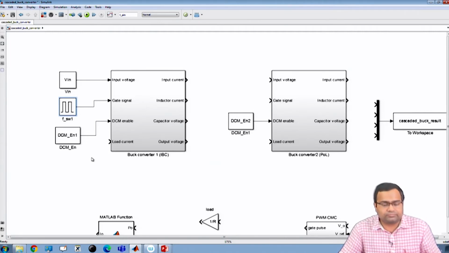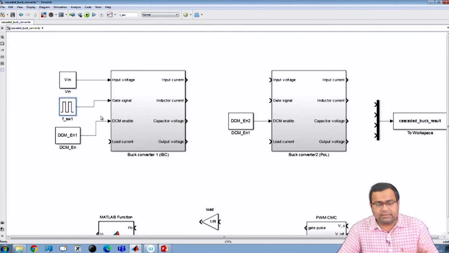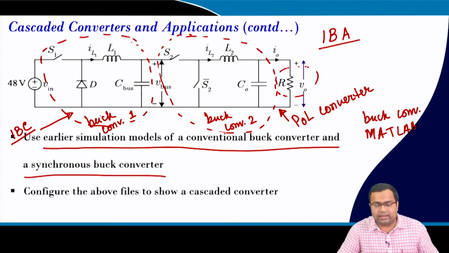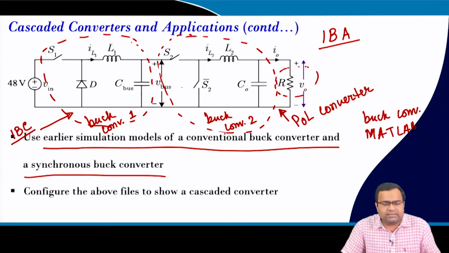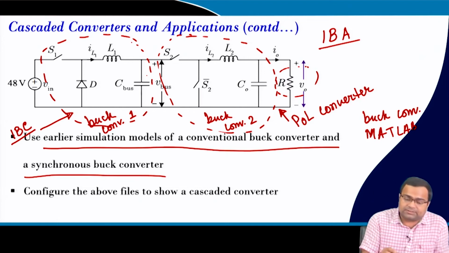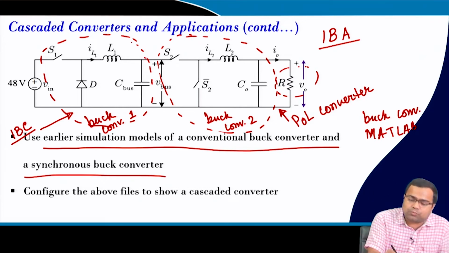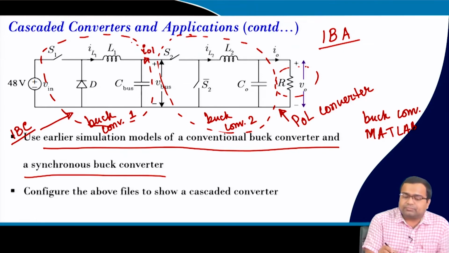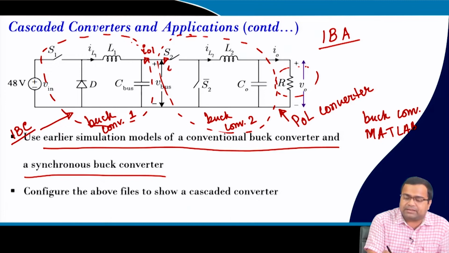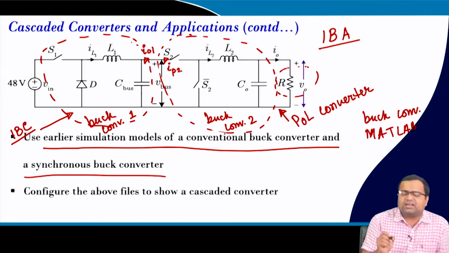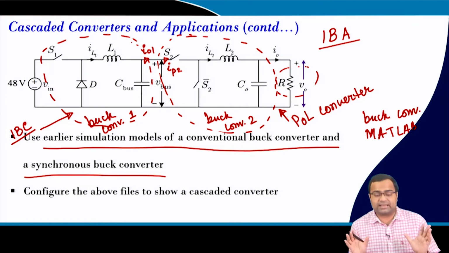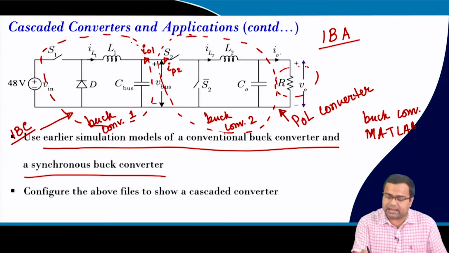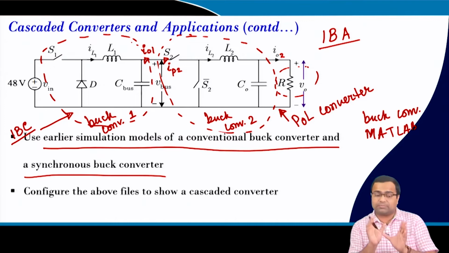I think this part is clear, but now I want to connect. How do I connect? If we go back to the circuit, for the first stage, this is the output current of the first stage, that is I01, and this is IP2, the input current of the second stage, and this is my I02, the load current of the second stage.